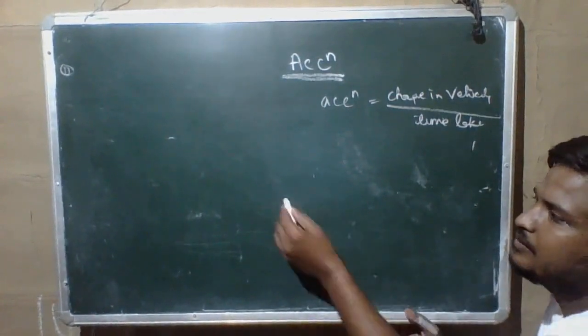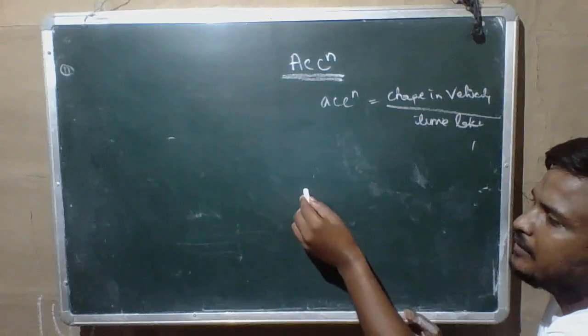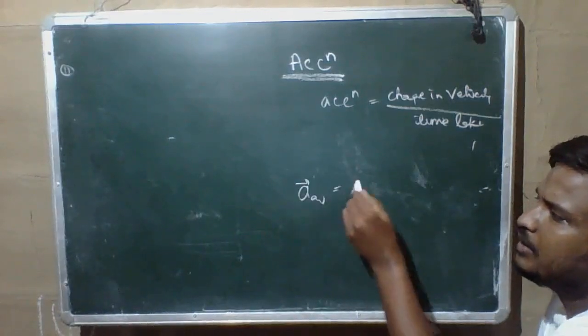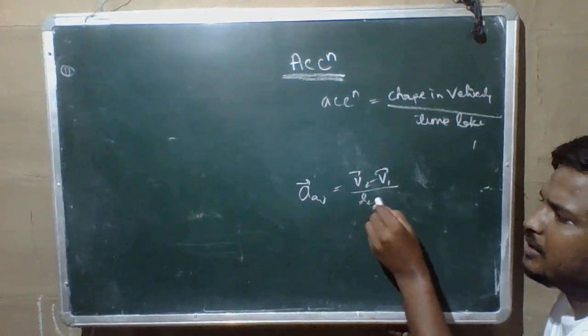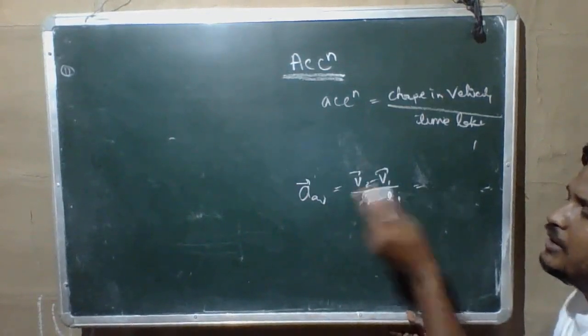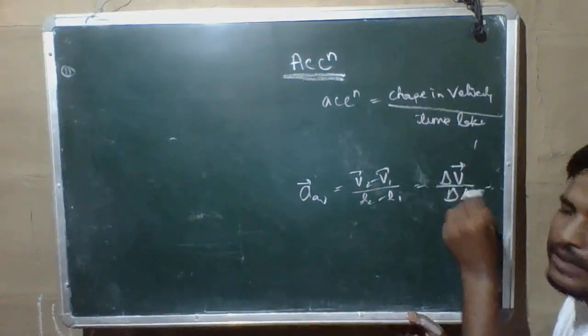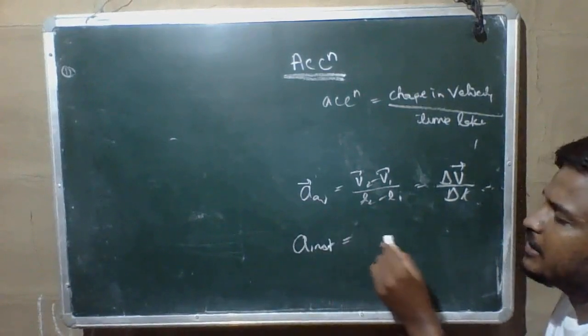Average acceleration will be equal to what? Again, the same thing. Average acceleration will be equal to V2 vector minus V1 vector by T2 minus T1, already you know. This will be delta V vector by delta t. This is the average acceleration. And what will be instantaneous acceleration?